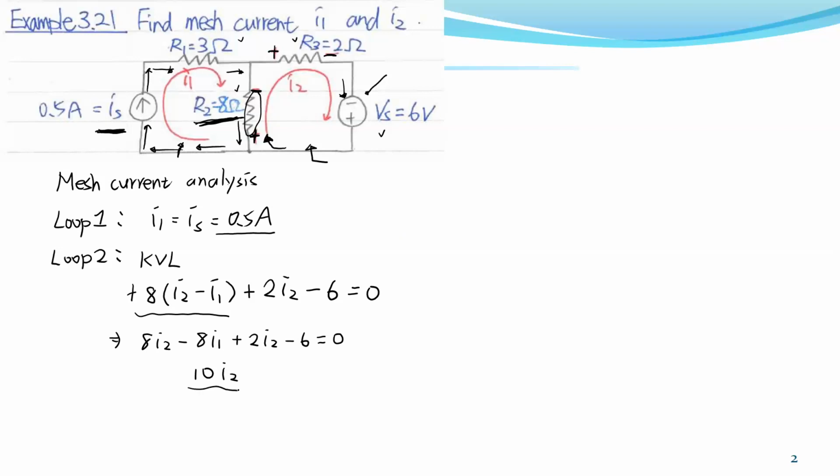So 10I2 minus 8 times 0.5 minus 6 equals 0. We have 10I2 equals 10. And then I2 equals 1 amp. So we solve I1 and I2 by using mesh current analysis.